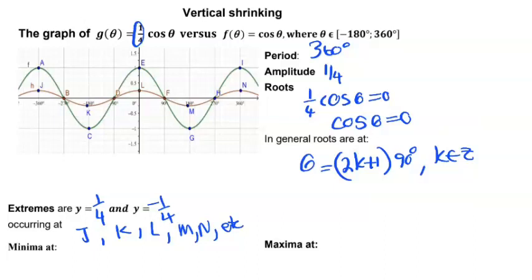So let us write down the value at 180, or the one at K, which is minus 180 degrees. So my theta is equal to that plus k times 360 degrees, where k is an element of Z.